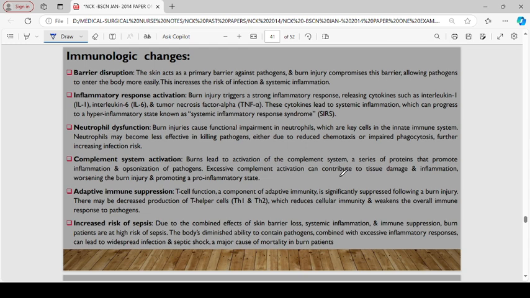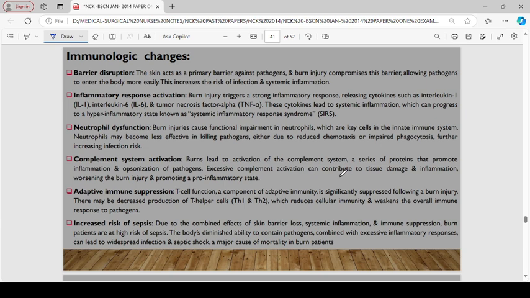We also have adaptive immune suppression, where T cell function, which is a component of adaptive immunity, will be significantly suppressed following a burn injury, and this may be due to decreased production of the T helper cells, which reduces cellular immunity and weakens the overall immune response to pathogens.